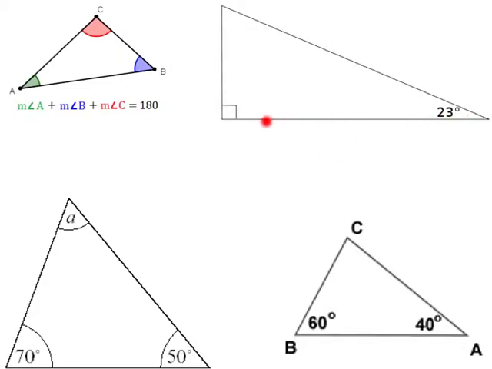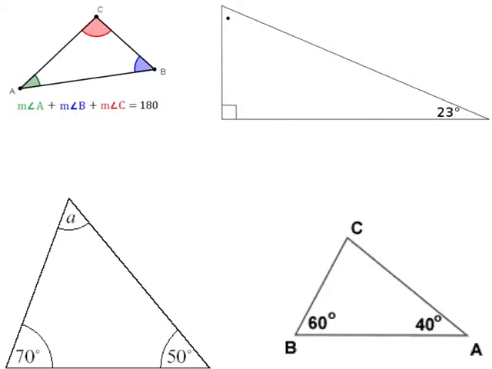Let's do this one, for example. Now, you may say, well, it only gives me 1. Well, no, it actually gives you 2. It gives you the 23-degree angle, but then it gives you this square corner, which you are supposed to know equals 90 degrees. So this angle here will have to be the difference from 180 and these 2.